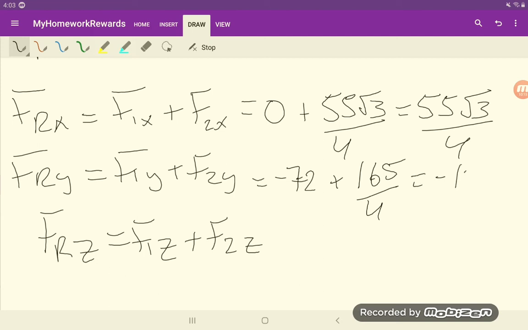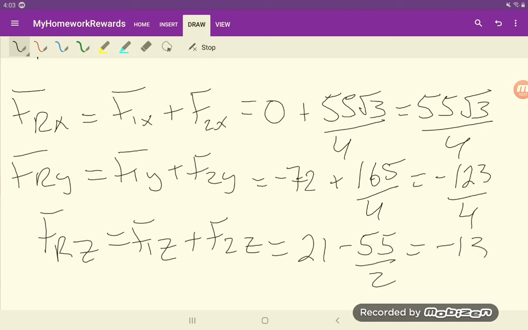It's going to give us a minus 123 over 4. And for the z components, we have 21 minus 55 over 2, which is minus 13 over 2.